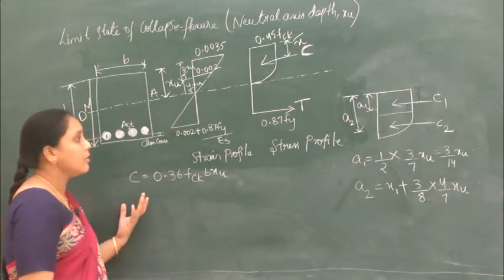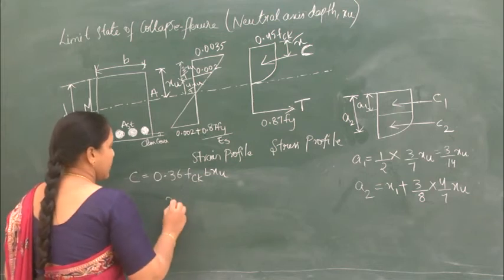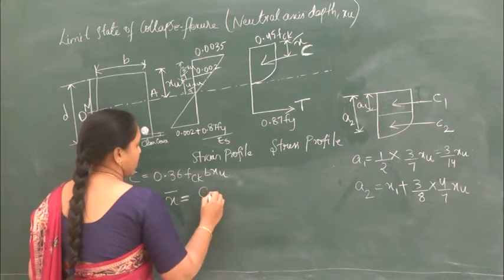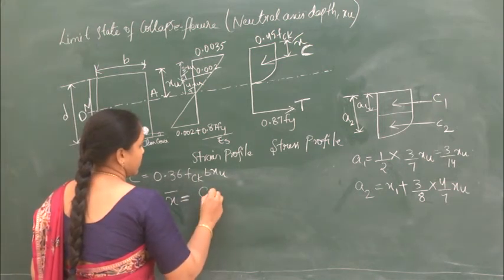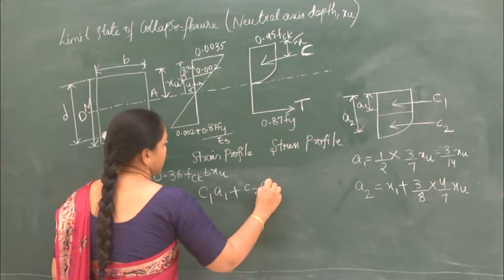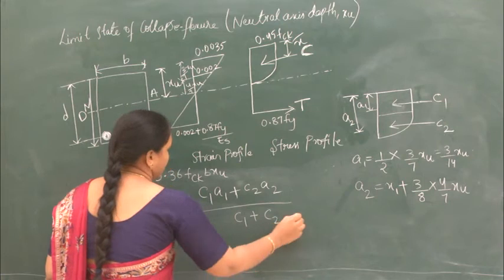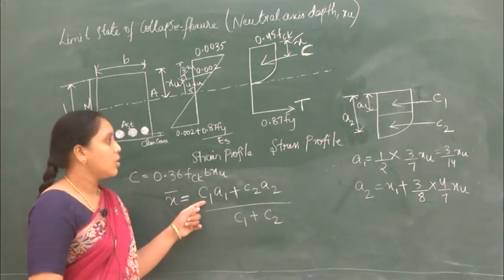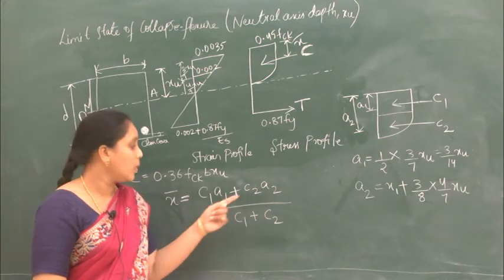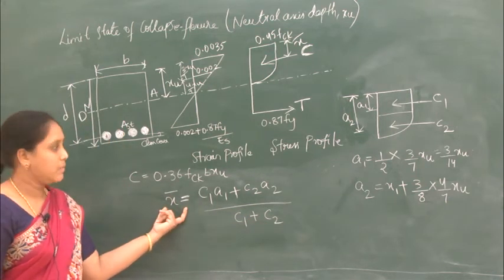Now what we have to find out is x bar. How can we find x bar? X bar can be calculated by the force into the perpendicular distance: C1 into A1 plus C2 into A2, divided by C1 plus C2, will give you the x bar value.